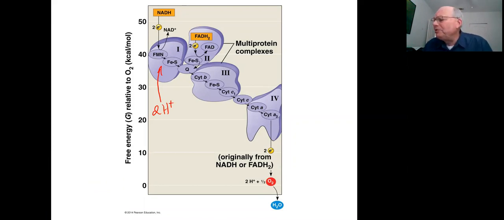When the electrons eventually enter the first of two mobile proteins that connect these complexes together, called Q, Q carries the electrons away from the complex. Therefore, these hydrogen ions don't have to follow. And so those hydrogen ions move out of the complex. But rather than being returned to the matrix from which they came, they go into the intermembrane space.